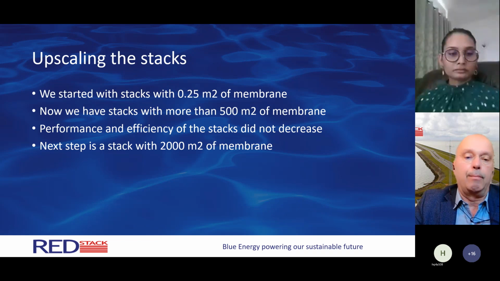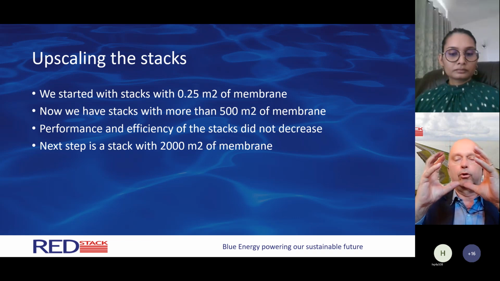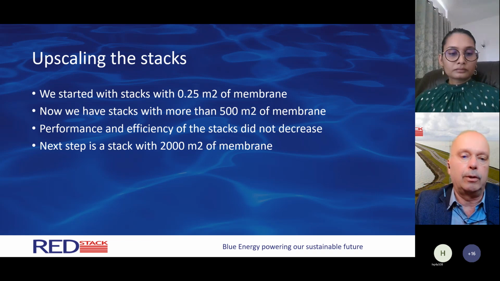As I said, we started from the laboratory, where only a small stack was used, 0.25 square meter of membrane per stack. That is not much bigger than a liter, a cubic decimeter. That's the same size of stack we started in the pilot plant with, but in the meantime, we did upscaling. We made the stack significantly bigger. We went all the way from a quarter to 500 square meter of membrane in one stack, 2,000 times bigger.